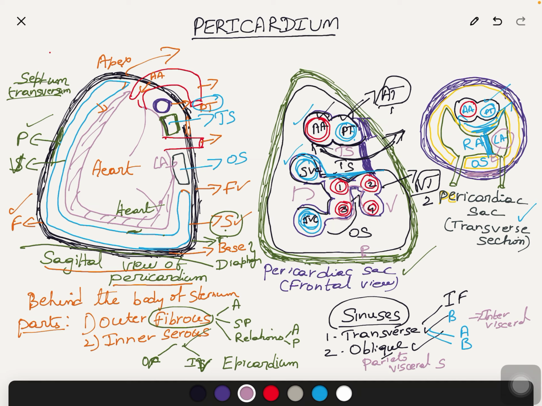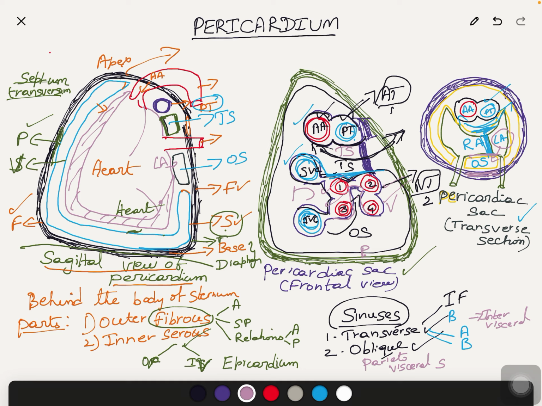On the right side we have the right pair of pulmonary veins. On the left side we have the left pair of pulmonary veins. Above, in this picture, is the oblique margin or upper margin of the left atrium.